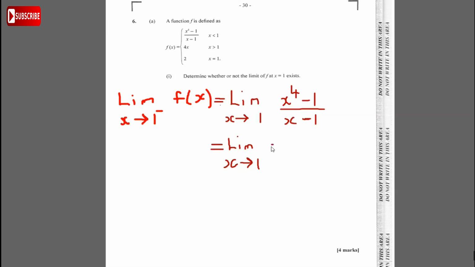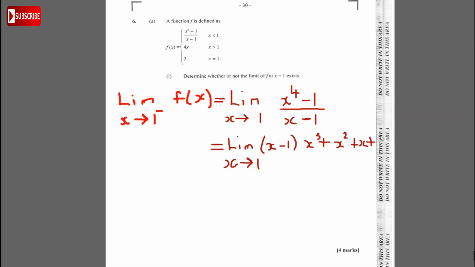x to the 4 minus 1 can be broken up as x minus 1 times x cubed plus x squared plus x plus 1.